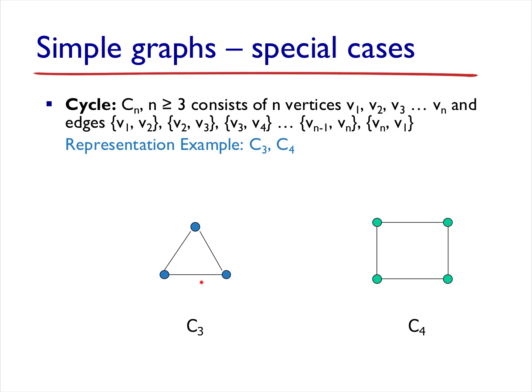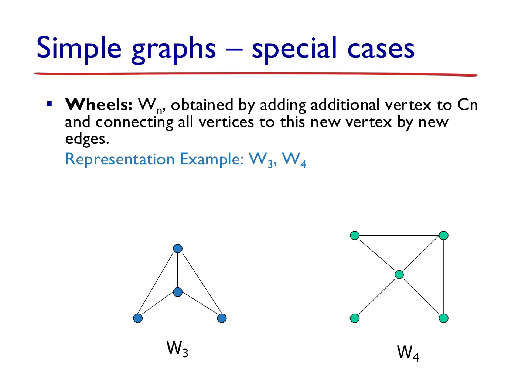And you see here an example of a cycle of degree 3, a cycle of degree 4, and it's given the capital letter C. Also, there's something called a wheel, which is a cycle with a central point that is connected to all the others. So a W4 is a cycle with 4 vertices added to it, and one more vertex connected to all the other 4 vertices.